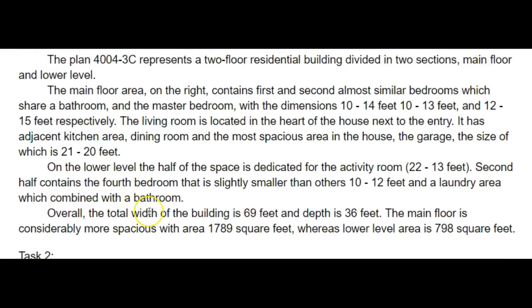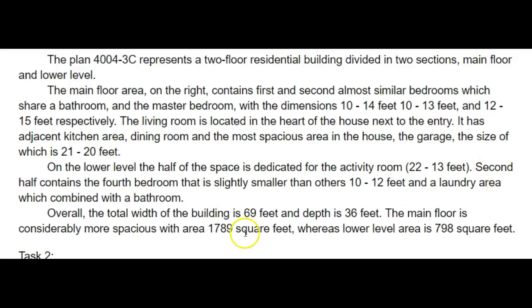On the lower level, so we don't need this bit here, or you could say on the lower half of the space, or in the lower half of the space. So we could say half of the lower portion of the house, or half of the lower portion of the space, is dedicated to an activity room.